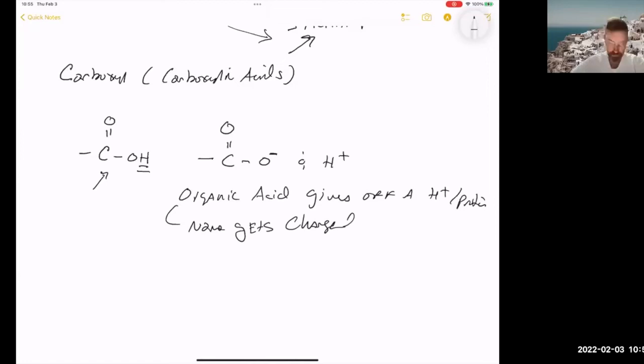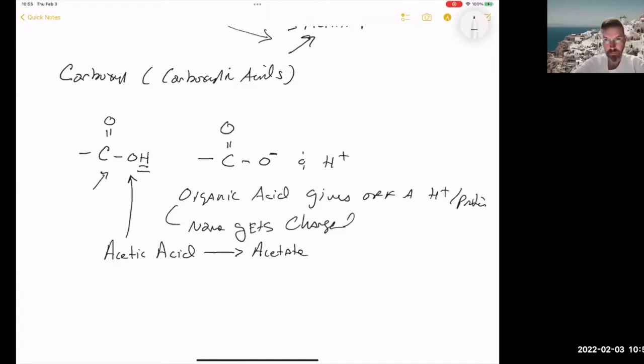Acetic acid has a carboxyl group in it. When acetic acid is dissolved in water and it gives off a hydrogen ion, what's left over is called acetate. So acetic acid is acetate after it gives off a proton.